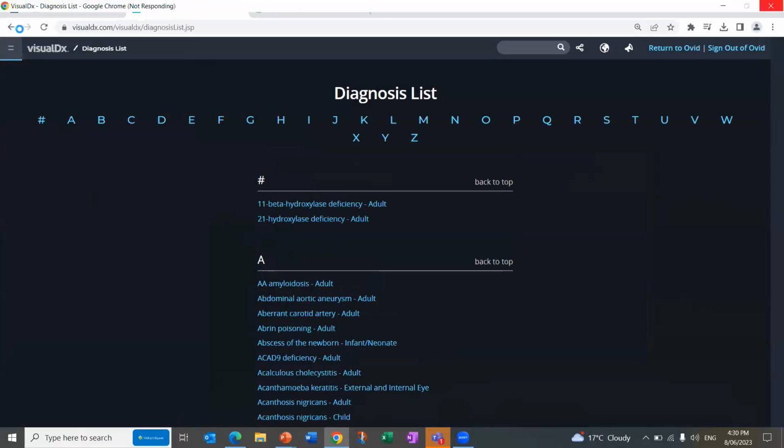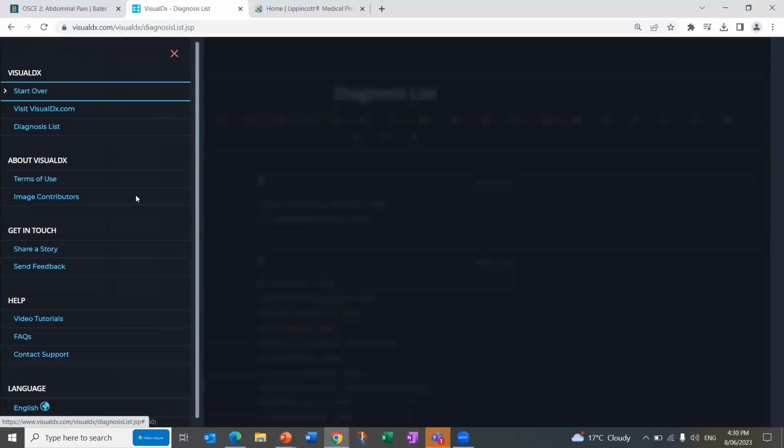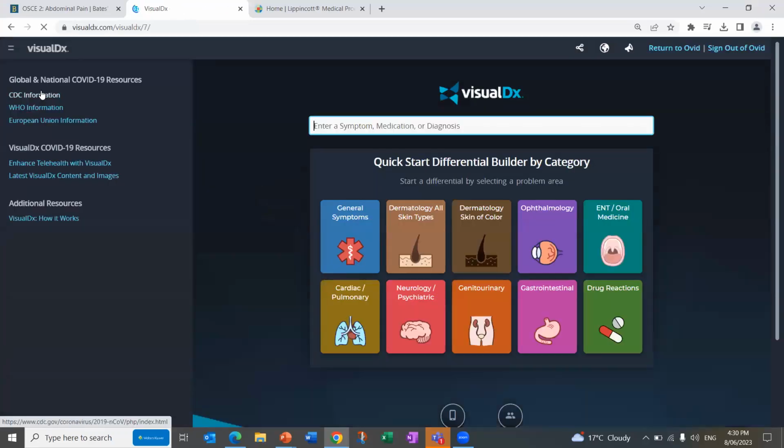We can also find out more about the company itself from these pages. So looking at video tutorials, finding out about the way that the software works, looking at many frequently asked questions about this content, or going back and beginning again with this material.